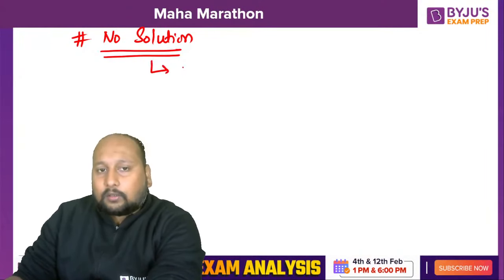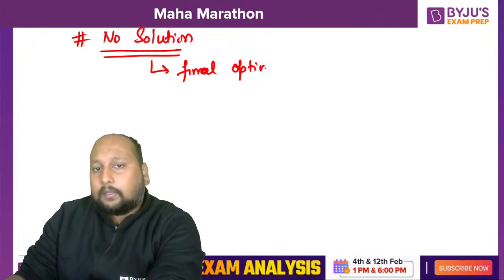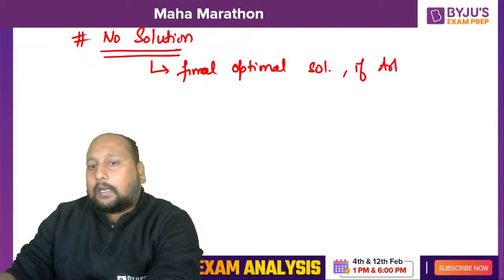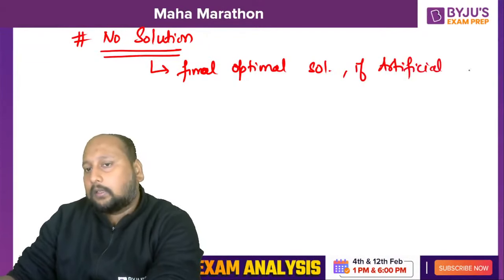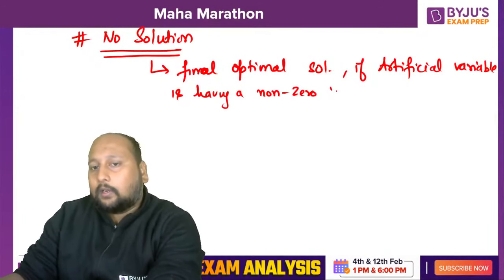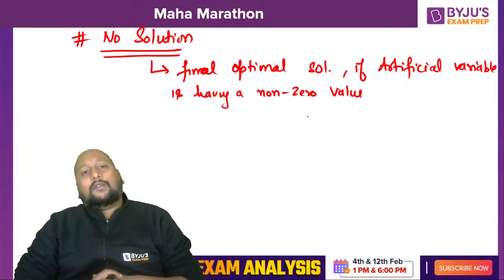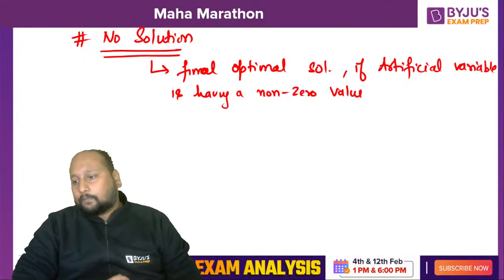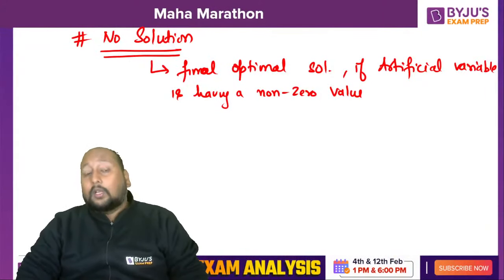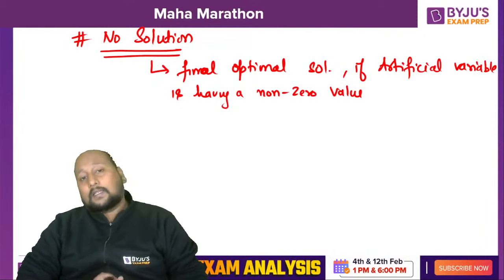If in the final optimal solution the artificial variable has a non-zero value, then we can say this kind of solution we call no solution.